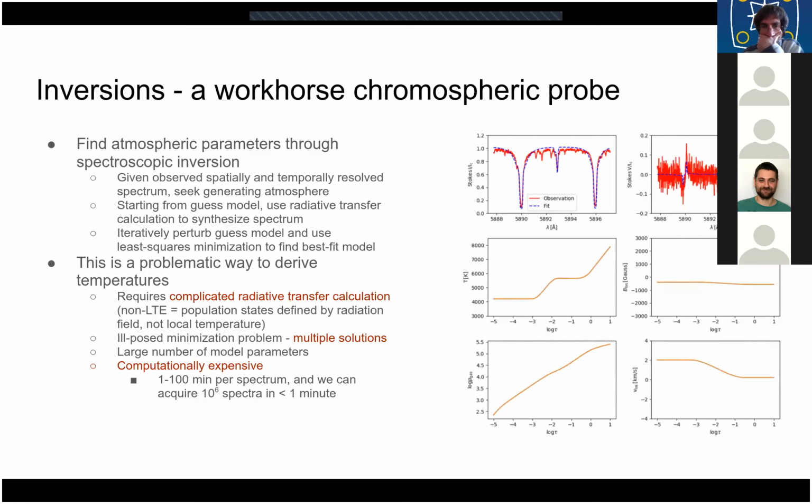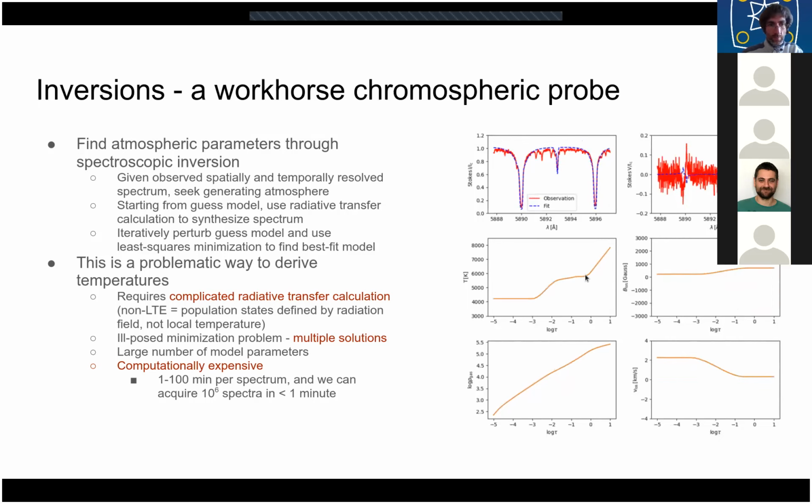So the way an inversion works, you can see the process here in this animated GIF, is that you try to find the atmospheric parameters along your line of sight, given a spatially and temporally resolved observed spectrum, which you can see here in red. You try to seek a generating atmosphere starting from a guess model.